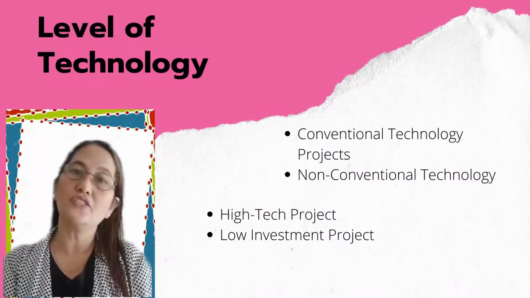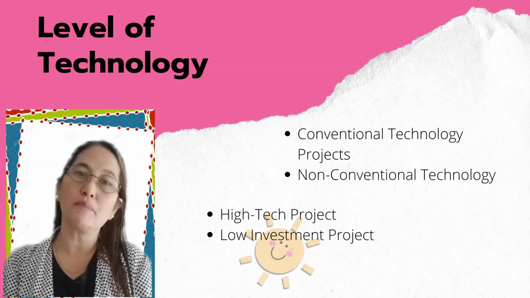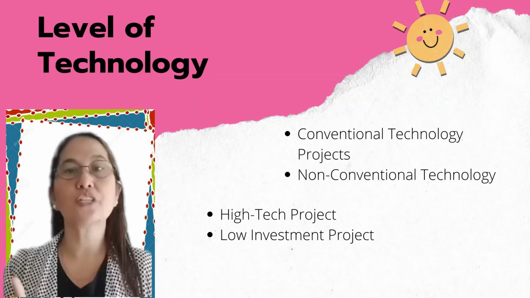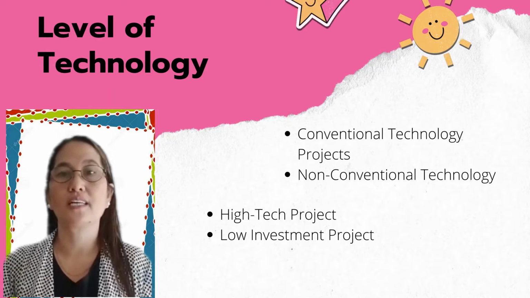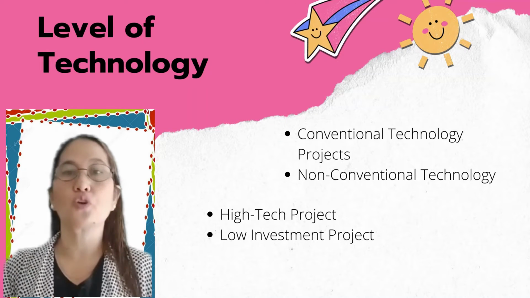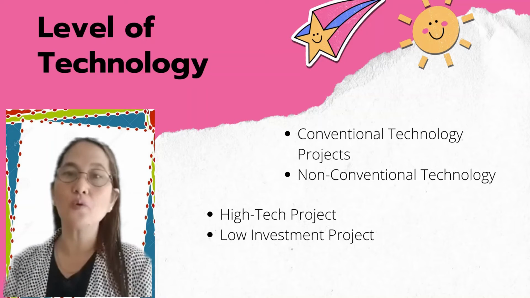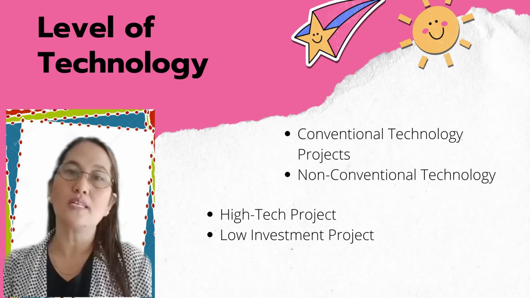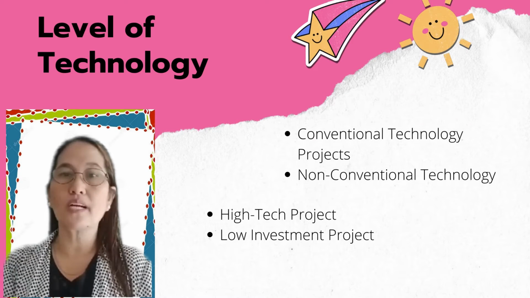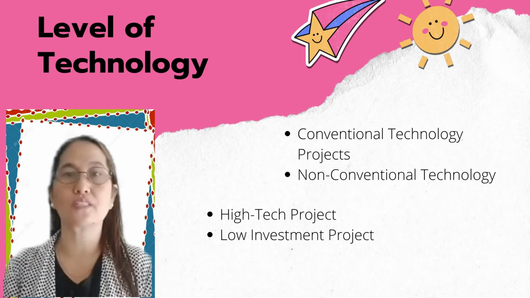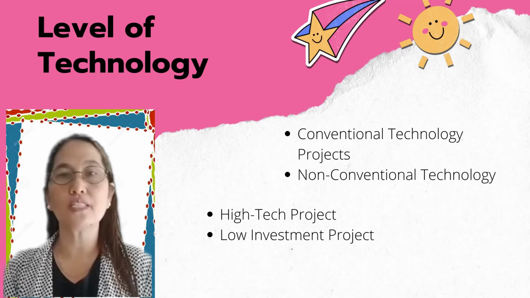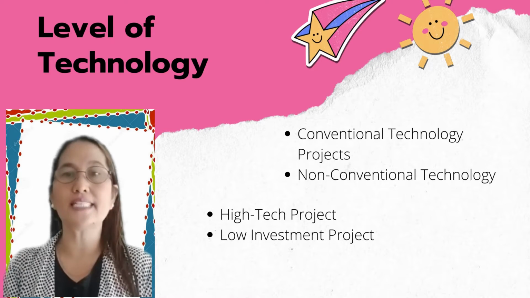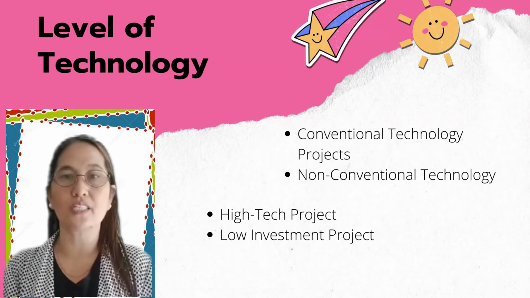On the level of technology, project categories can be subdivided into four. First, the conventional technology projects. These projects are those which use acquainted and known technology in a continuous process. For example, steel, cement, sugar, chemicals, and fertilizers. Under the non-conventional technology, projects apply, if not the latest, at least a contemporary mode of technology.